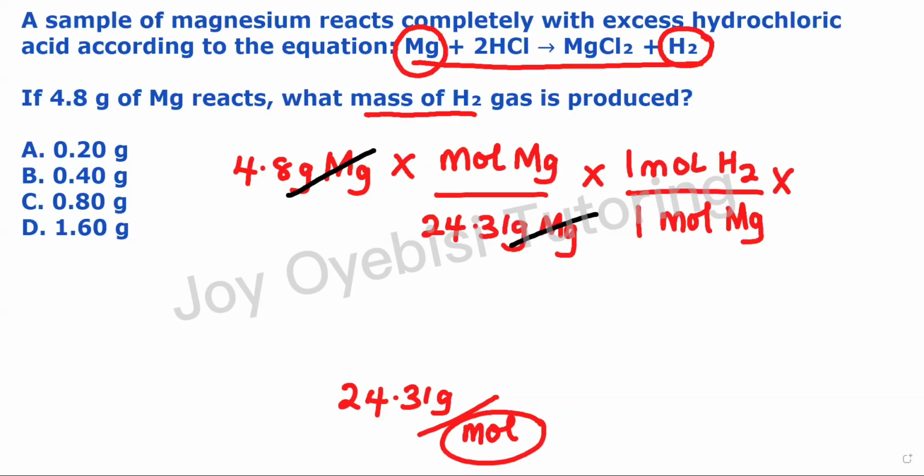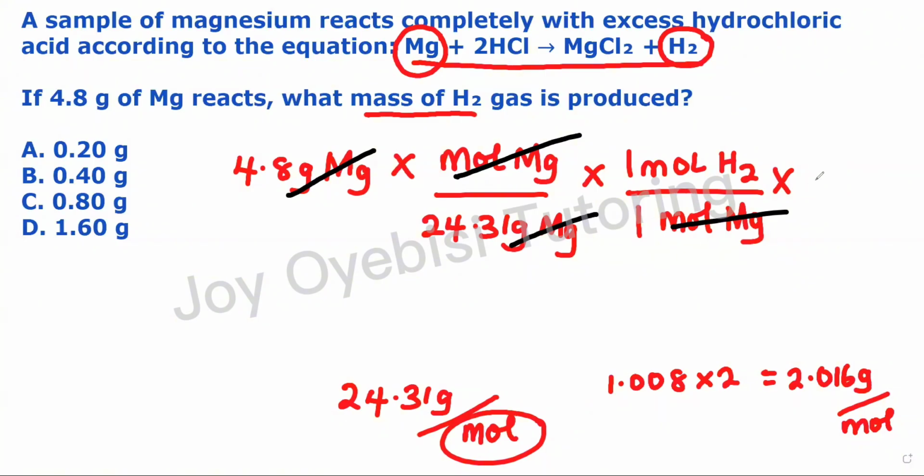Now, the mole of magnesium we cancel out, and we're going to go ahead and convert mole of hydrogen to mass, which is in grams. So the mass of hydrogen in the periodic table is 1.008, but hydrogen is diatomic, so you multiply that by 2, so you can see H2. That gives us 2.016 grams per mole.